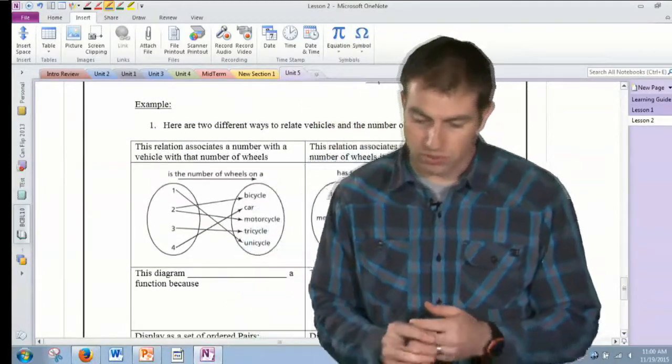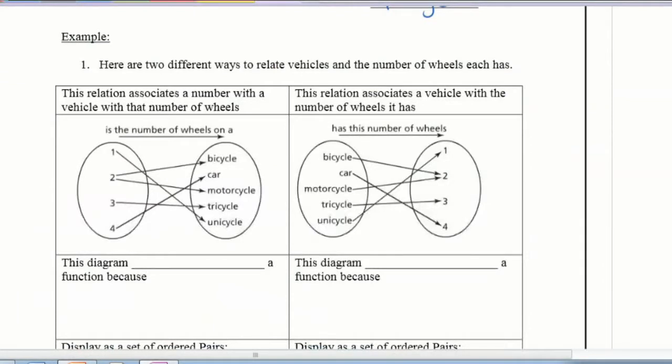All right, so here are 2 different ways to relate vehicles and the number of wheels each has. These are relations right now. So let's see if we can figure out a relation, function, and see what we can do from here. The number of wheels on A, this is a relation. A unicycle has 1 wheel, tricycle has 3, motorcycle has 2, car has 4, bicycle has 2.